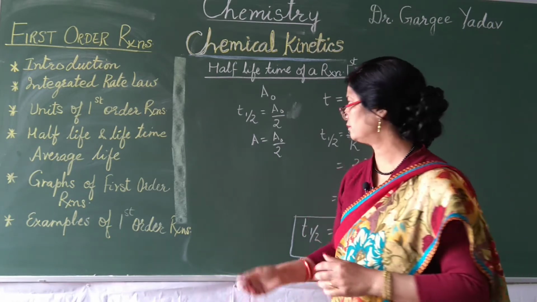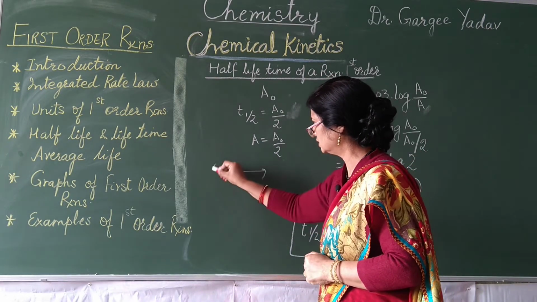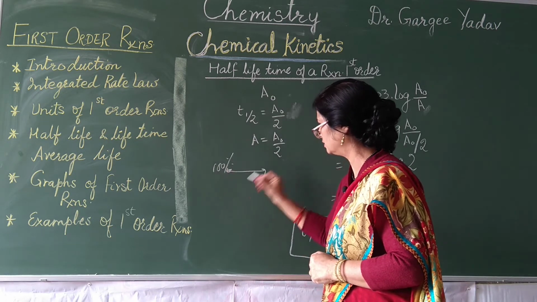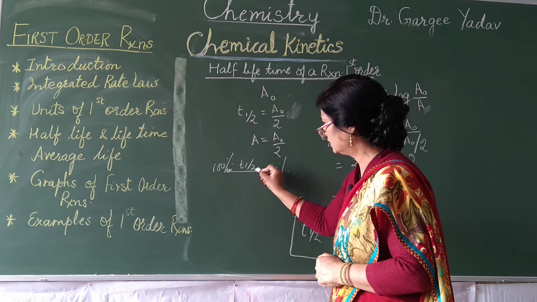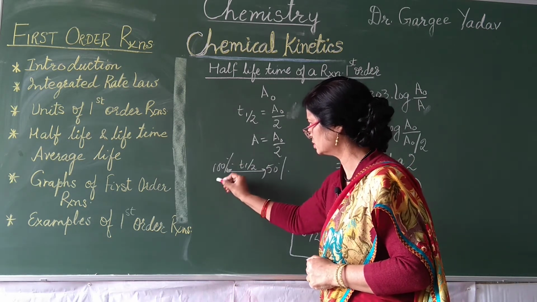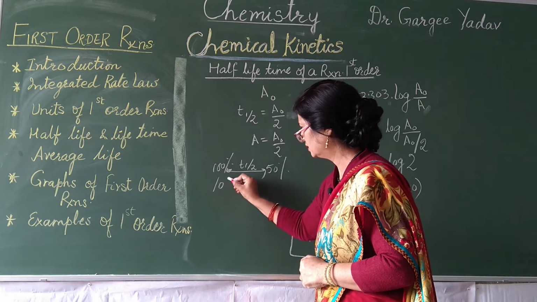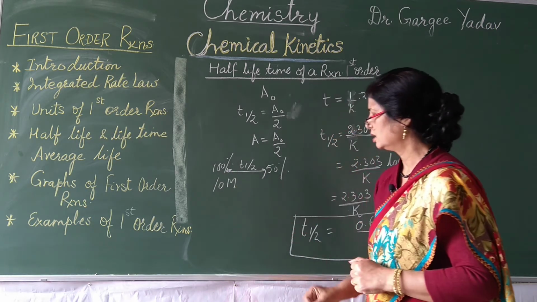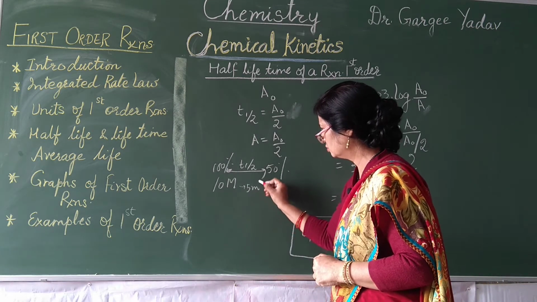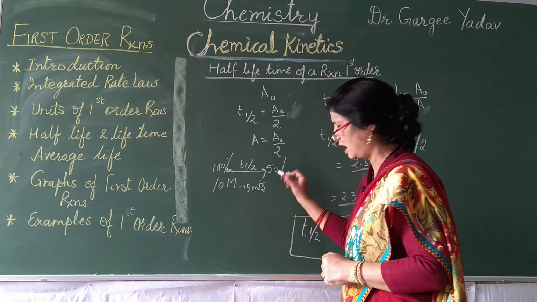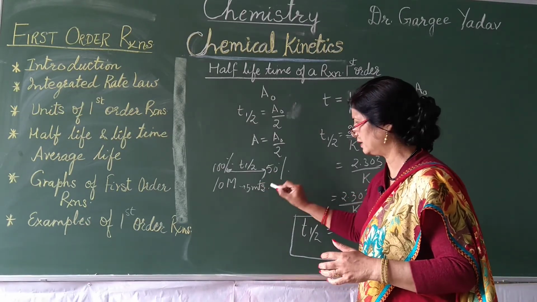Means if you take a reaction and it is 100% of A and it becomes 50%, means the T half, and let it be 10 molar is the initial concentration, and it is taking almost 5 minutes to complete half of the reaction, means 5 minutes is half life.